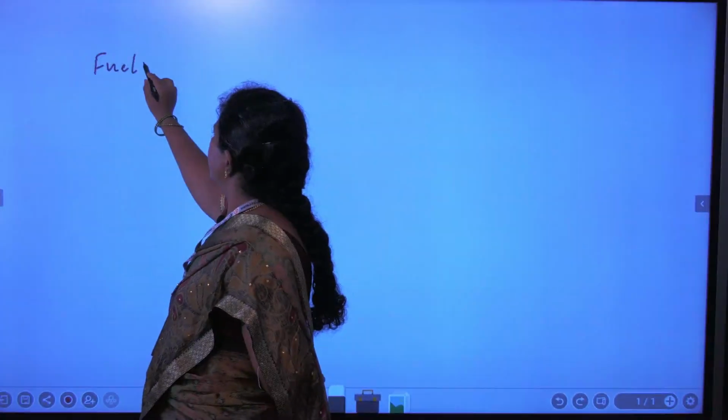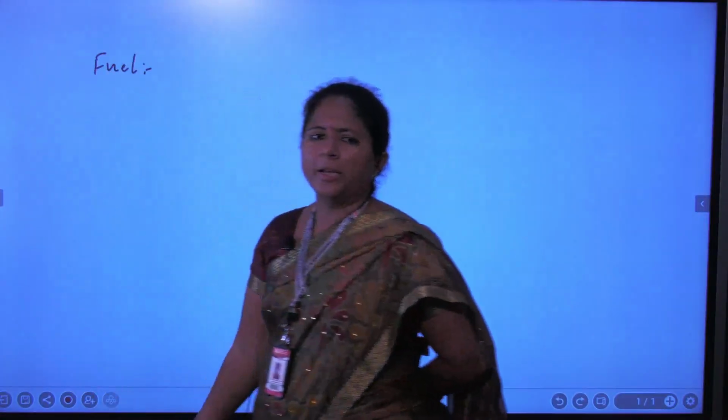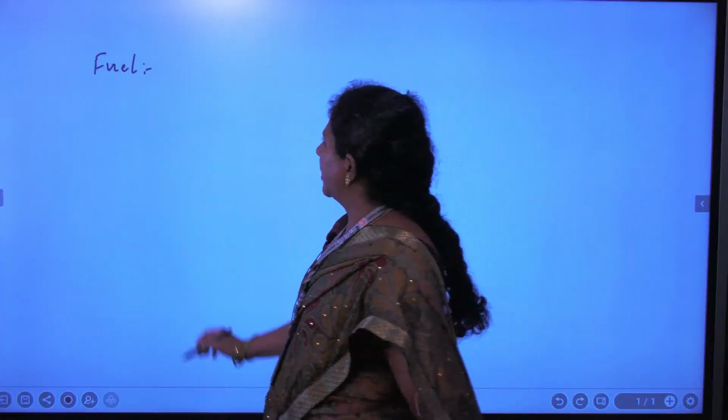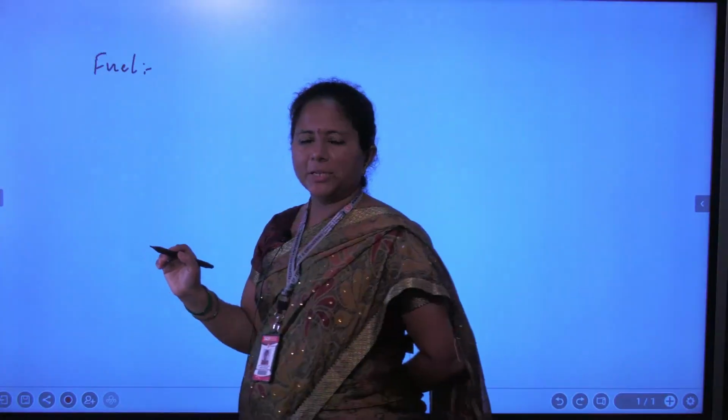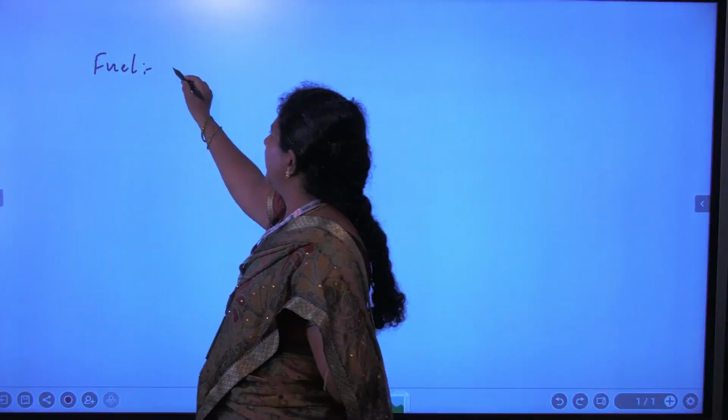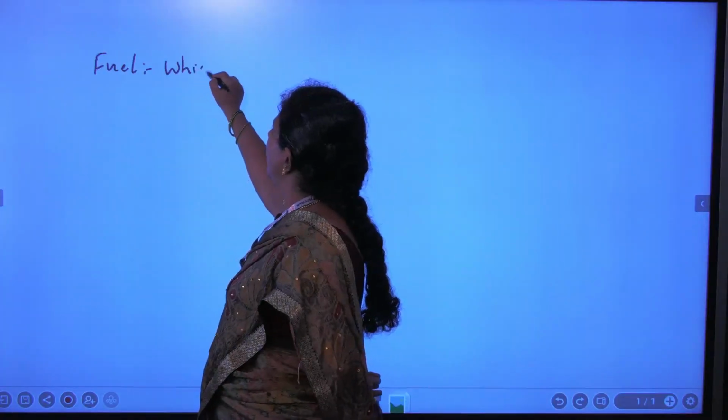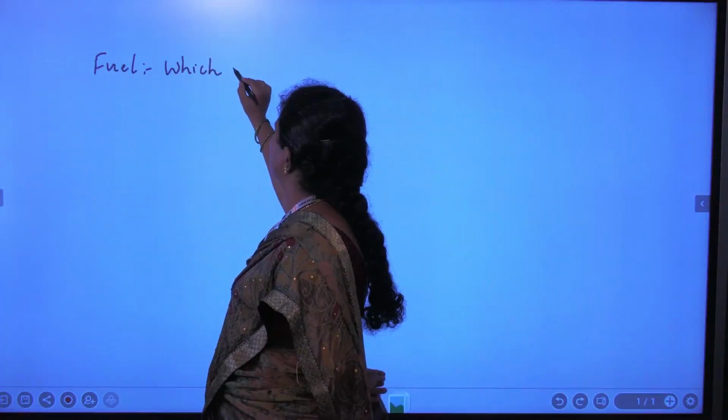A fuel means nothing but any combustible material which contains carbon as the major constituent and which on combustion produces large amount of heat.